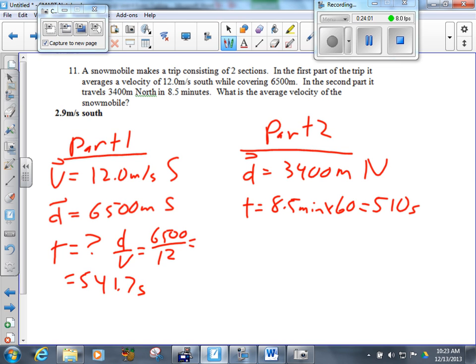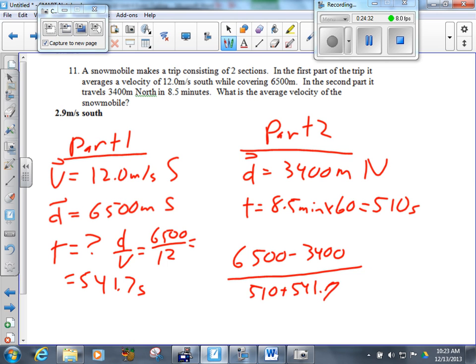How do I get the total displacement here? If I go 6,500 meters south and then 3,400 north, I subtract them. They're opposites, right? I can just subtract. I can't do final position minus initial position because I don't really know what those are. But I can go 6,500 minus 3,400 over the total time, 510 plus 541.7.